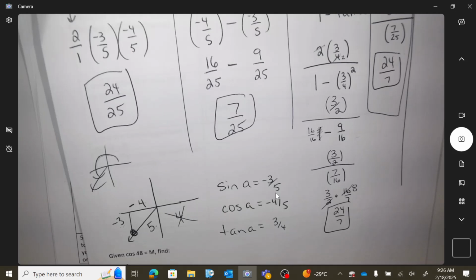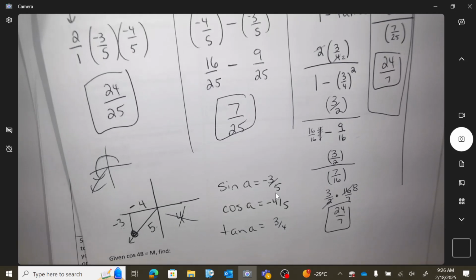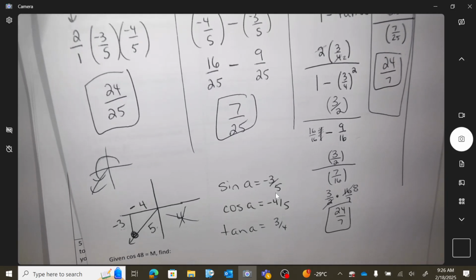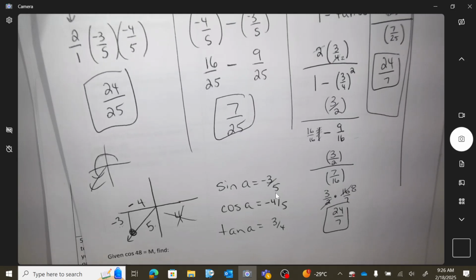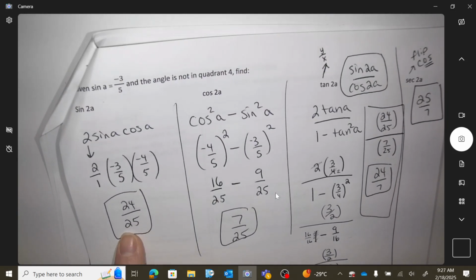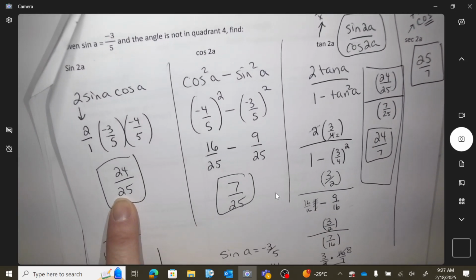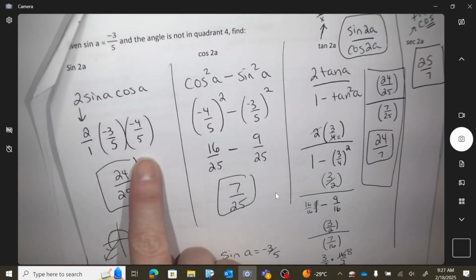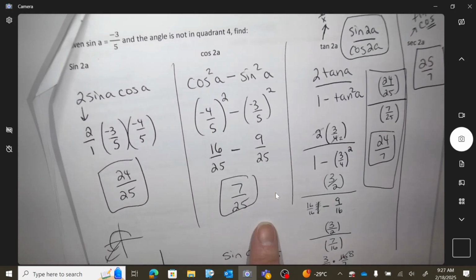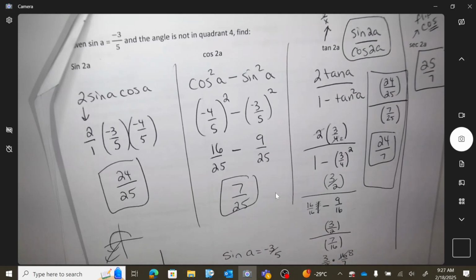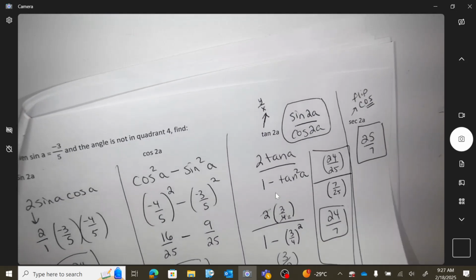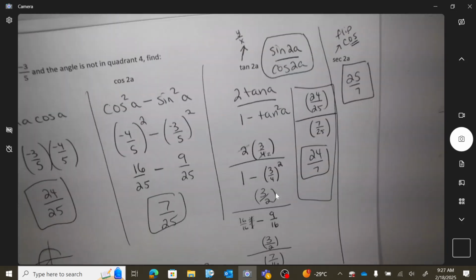It actually lands in quadrant 1. Why did I know that? When I doubled it, the sine value was positive. When I doubled it, the cosine value was positive. Where's the only place that could happen? Quadrant 1.